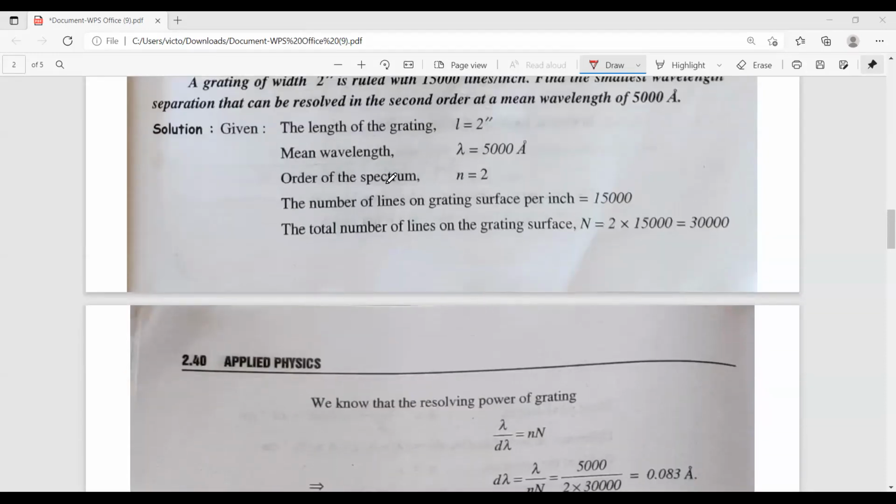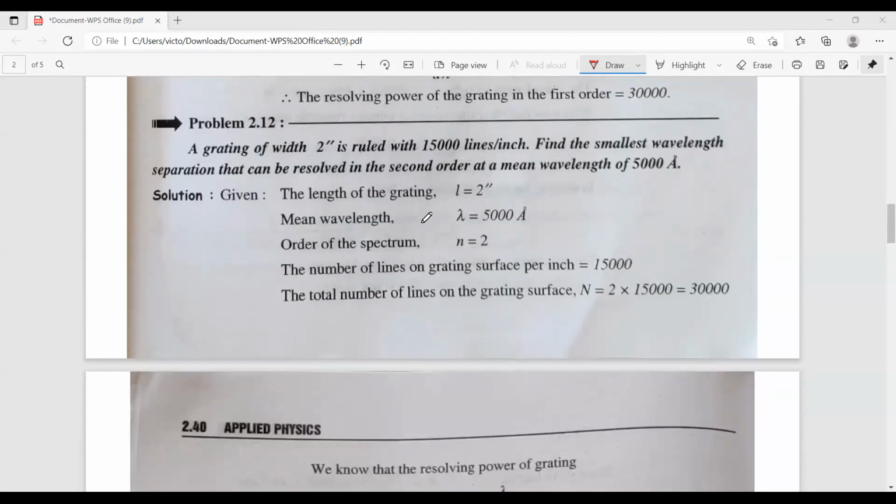Here the length of the grating is 2 inches, and the mean wavelength is given as 5,000 angstroms. By using the grating, we have second order of spectrum formed, so small n value is taken as 2.